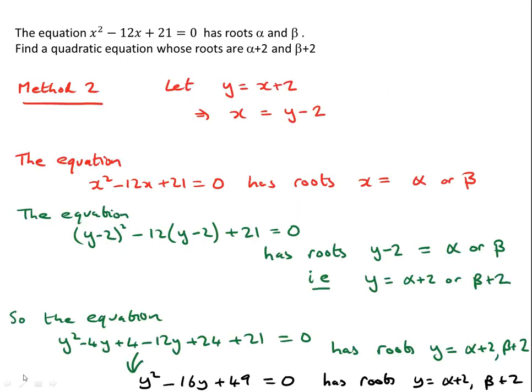If instead you decided to use method 2 and you started off by letting y equal x plus 2, then you'll have gone through and you'll have ended up with the quadratic equation y squared minus 16y plus 49 equals 0. It really doesn't matter whether the final answer is given in terms of x's or y's, it's the quadratic equation that matters.